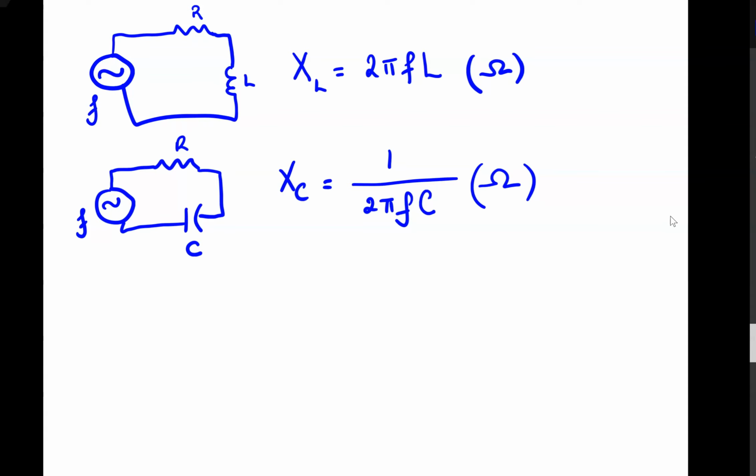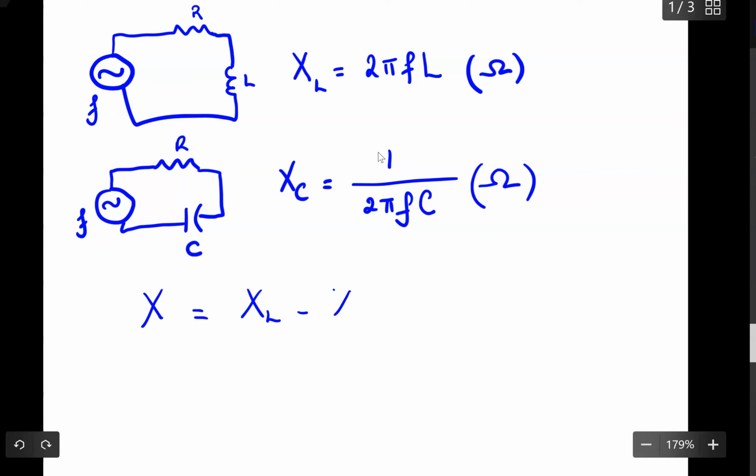If we are talking about the reactance alone, the reactance alone in this case would be represented by just X. To calculate X as the magnitude, I will always take the XL, subtract the value of the XC.